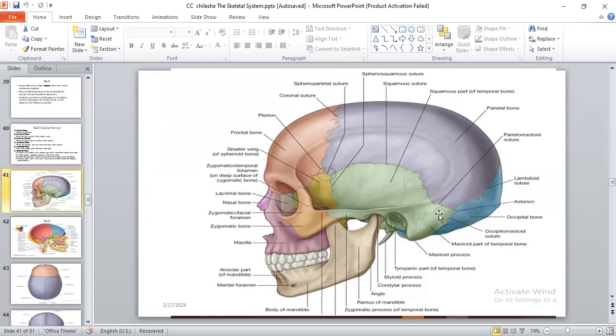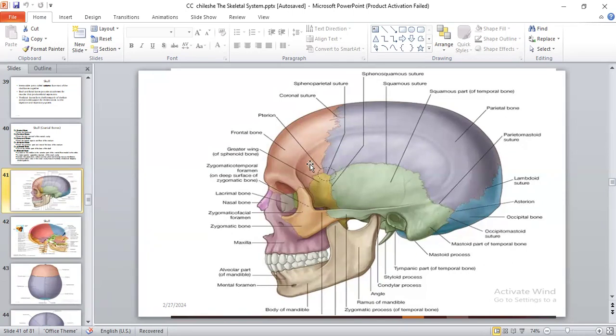Further on the posterior inferior aspect, we have the mastoid part of this temporal bone articulating with the occipital bone. And so we are going to call this suture the occipital mastoid suture.